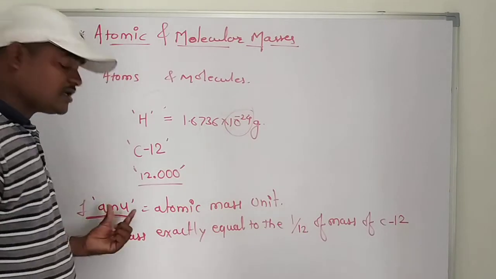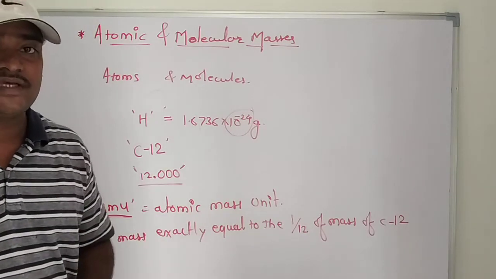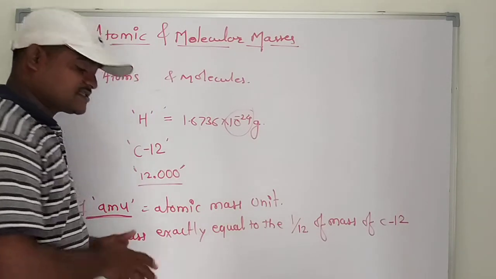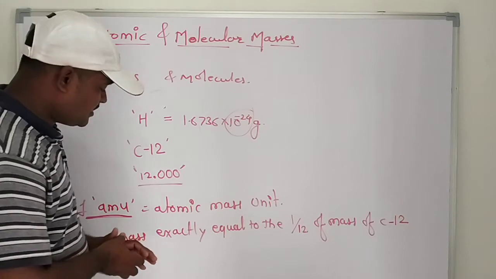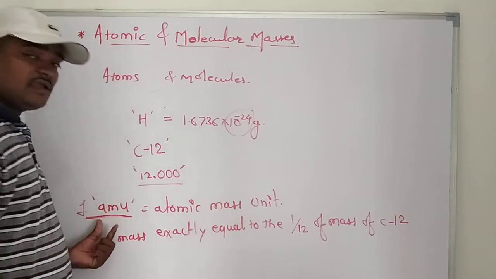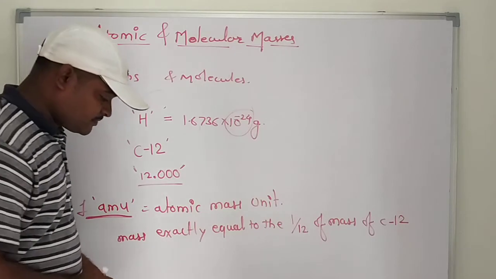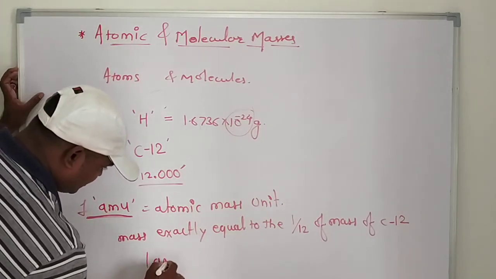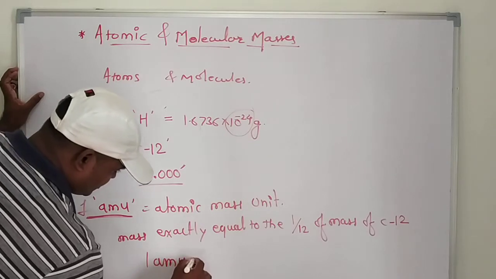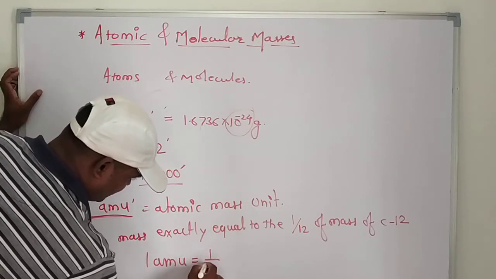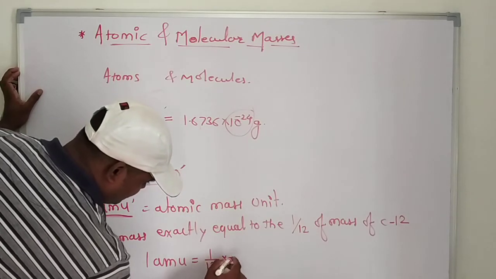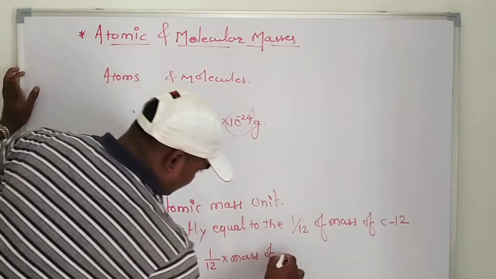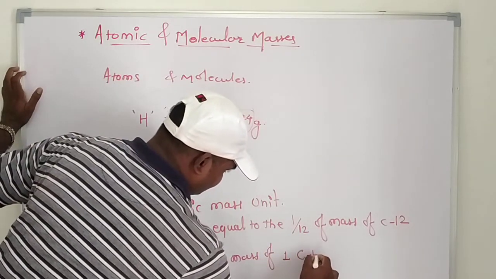This is the unit by which we can measure the atomic mass of any atom, and we can express it in AMU, that is atomic mass unit. So 1 AMU we can write like this: 1 AMU is nothing but 1/12 into the mass of 1 carbon 12.